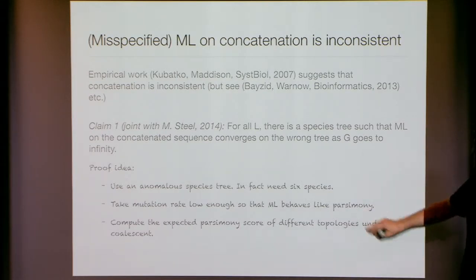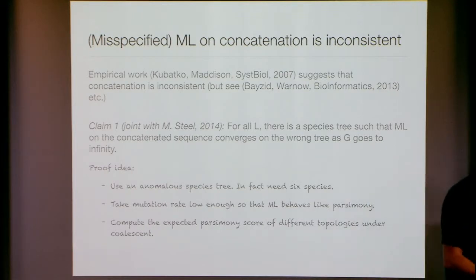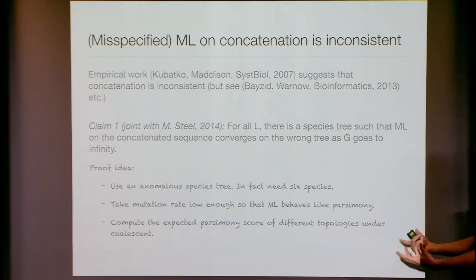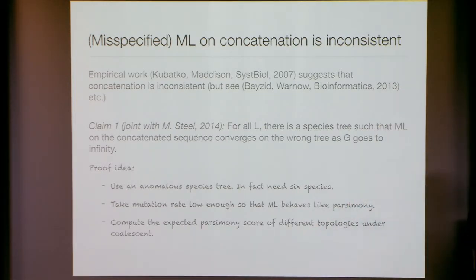And once you've reduced this to parsimony, you can explicitly compute the expected parsimony score under the coalescent of different topologies, and you can show that the balanced one will have a lower parsimony score than the unbalanced one, and therefore maximum likelihood will converge to the wrong thing in the end. So this particular approach may work well sometimes in practice, but in theory, it doesn't work. So it's not a surprising result.